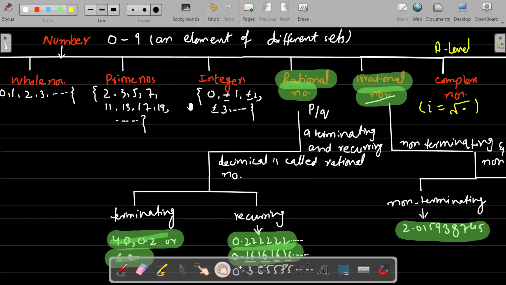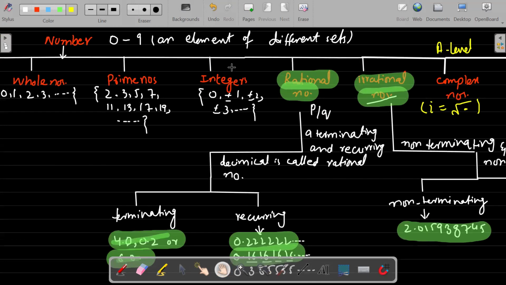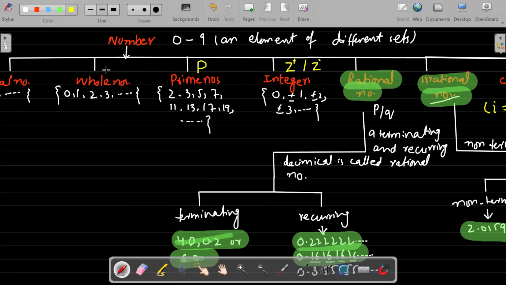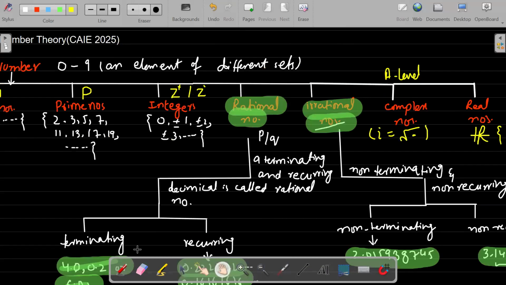So how do we represent integers? Positive integers will be represented with positive Z, and negative integers with negative Z. Prime numbers are represented with capital P. Whole numbers are represented with capital W. Natural numbers are represented with capital N. Same way, rational numbers are represented with capital Q, and irrational numbers with Q prime.